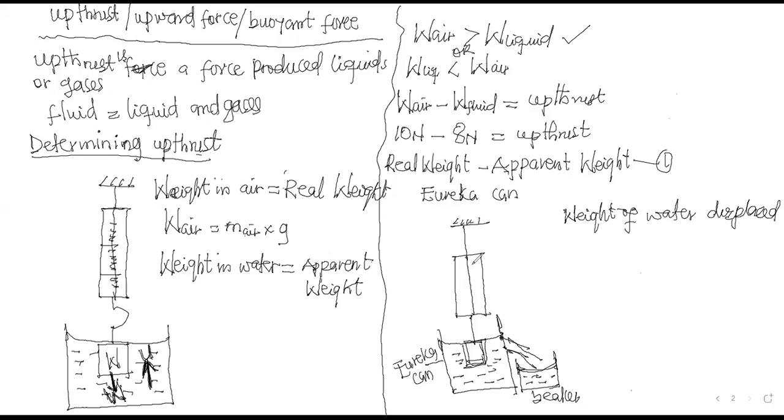So the object is gradually immersed, and when the water overflow stops, we weigh the beaker when empty and weigh the beaker plus the water, and then subtract to get the weight of water displaced.